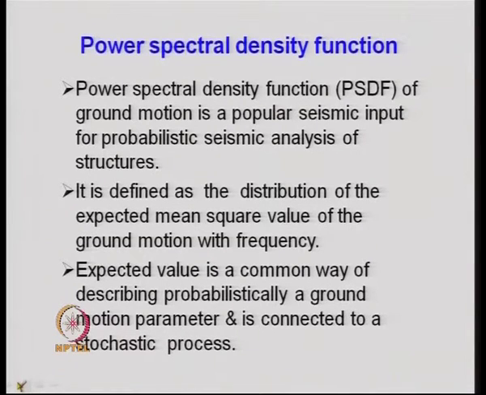Now, the definition of the power spectral density function of the ground motion is a very simple definition, but it requires some understanding of the random process.